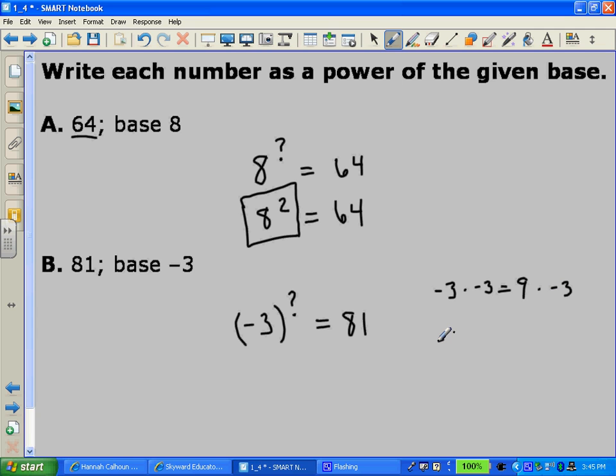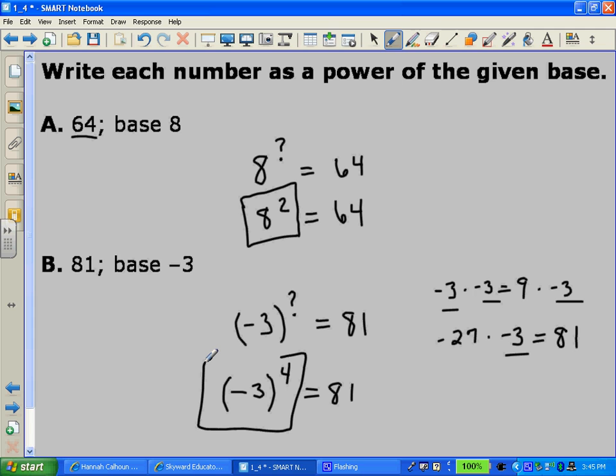So times -3 again, well, that's -27. Not big enough. Times -3 again. Yep, that works. That's 81. So how many 3's did I use? 1, 2, 3, 4. So that means -3 to the 4th power is 81. So here's my power for 81, -3 to the 4th.